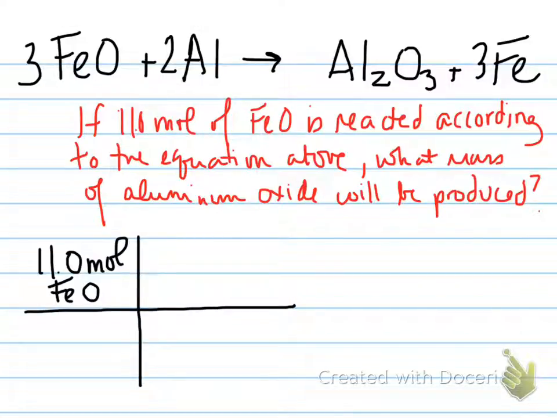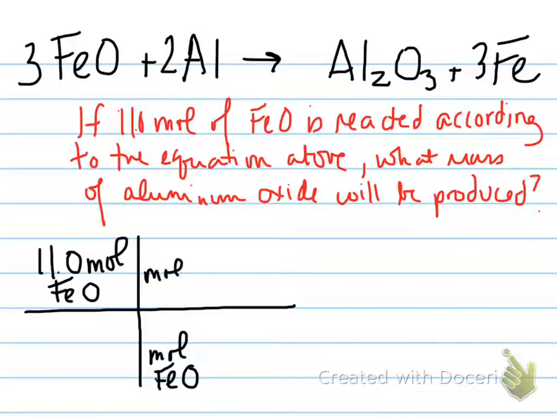What units, what chemical? Bottom in the next box. So we have moles of iron oxide in the bottom in the next space. What's going to be in the next space on the top? We know we have to go moles to moles. We have to have a mole ratio here. So what's the other chemical we're interested in? Aluminum oxide.